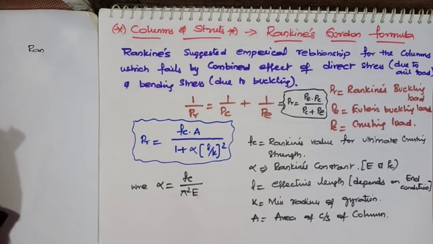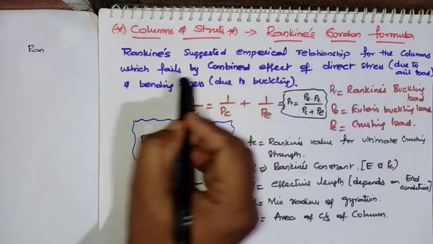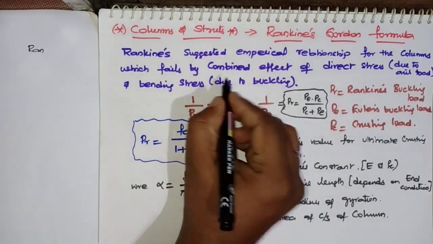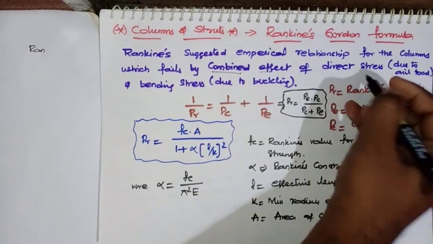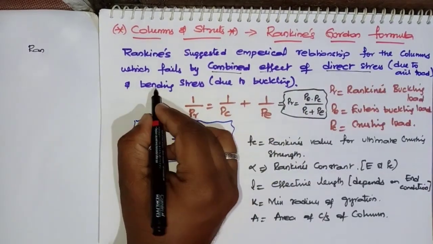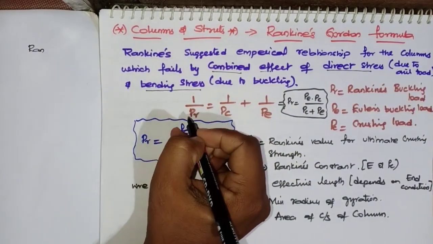Coming to the Rankine-Gordon formula: Rankine suggested an empirical relationship for columns which fail by combined effect. Combined means due to direct stresses and bending stresses.